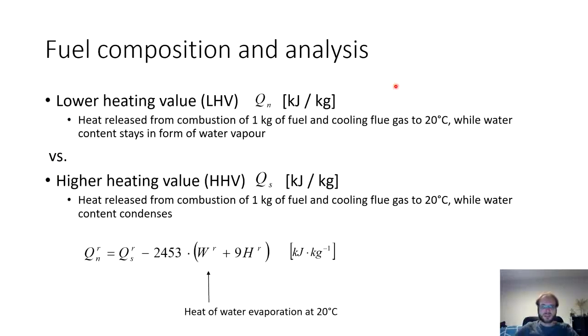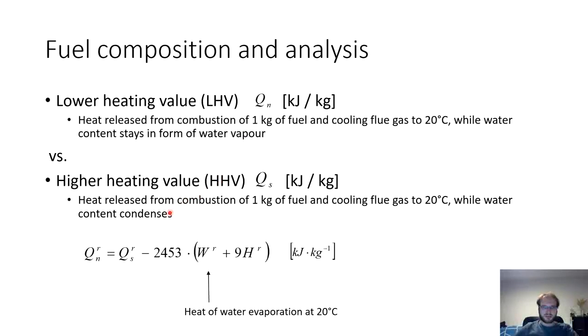Now, before you heard expressions like lower heating value or higher heating value, and now we will have it explained what it is and what the difference is. The definition goes that the lower heating value is the heat released from combustion of 1 kilogram of fuel and cooling down the flue gas to 20 degrees C. The important part here is that while cooling down, the water for the lower heating value stays in the form of water vapor. That means it does not condense.